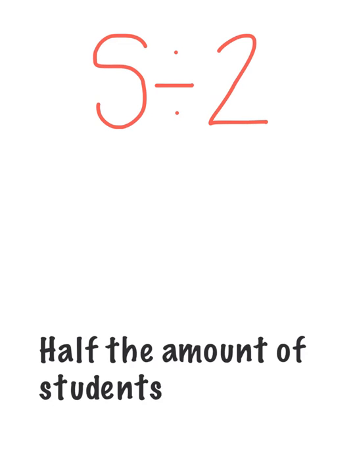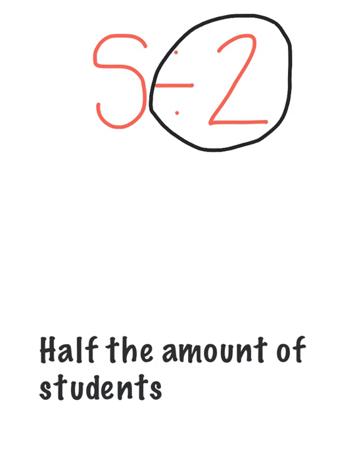This next expression is S divided by 2. This one is tricky because we need to come up with a situation that would include division. So a situation that we could come up with is half the amount of students. What we know about half is if I said half the amount of students, I'm showing this by dividing by 2.